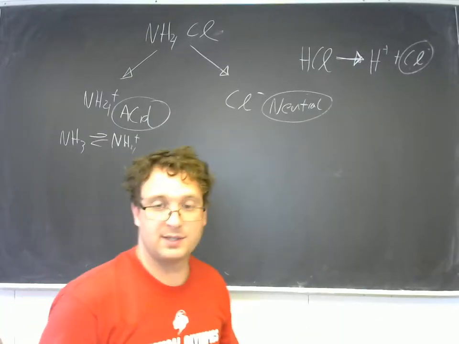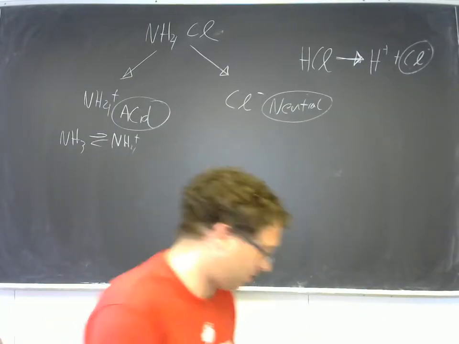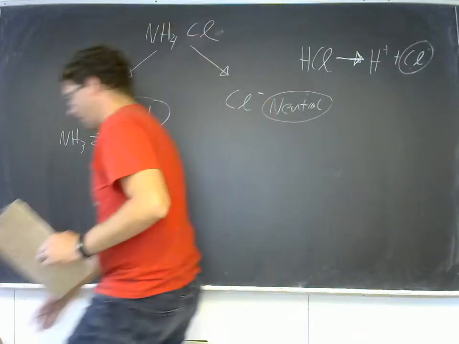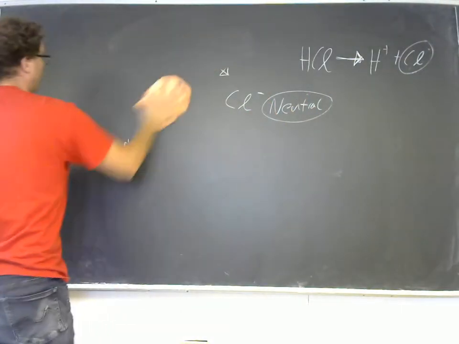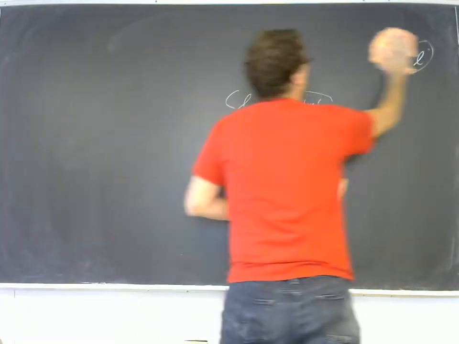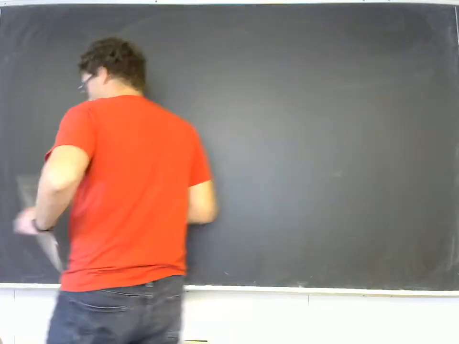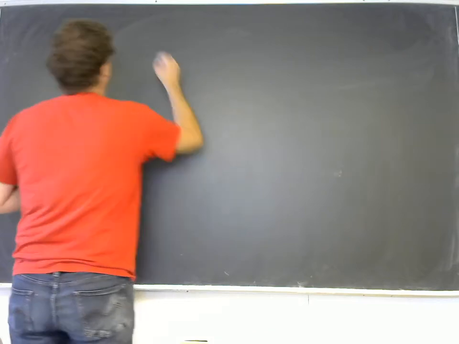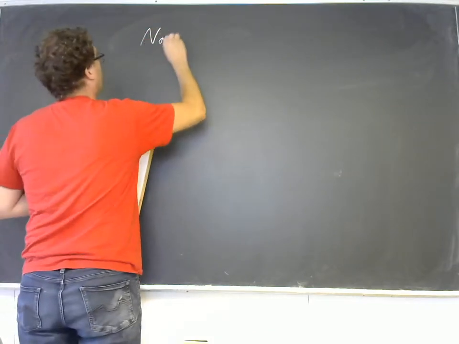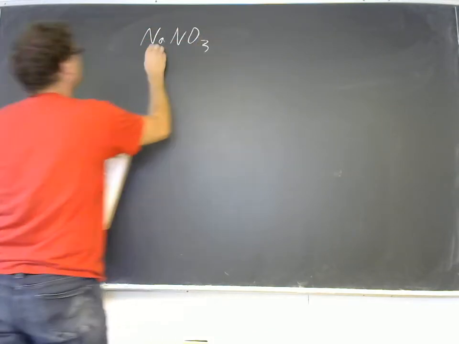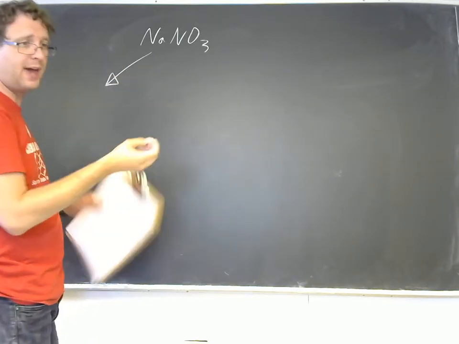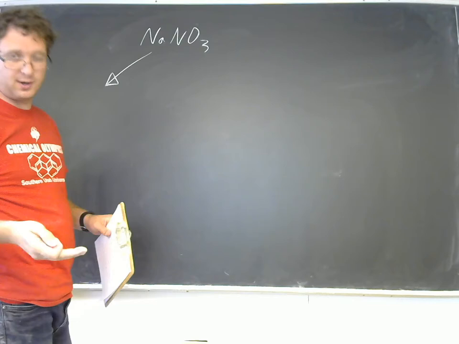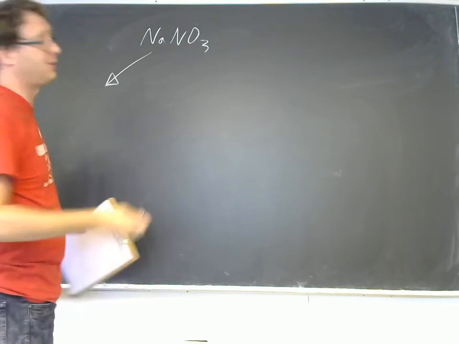So these are the things to consider when you have a salt and you're trying to determine whether it is an acid or a base. You can have something like NaNO3. Na is one of those metal cations that is the counter ion to a soluble hydroxide salt.